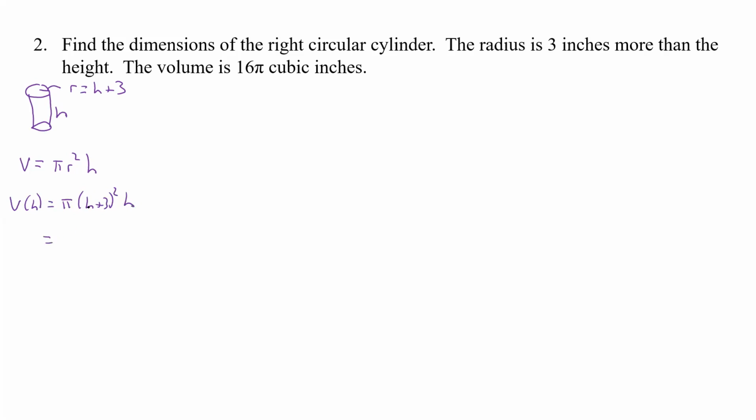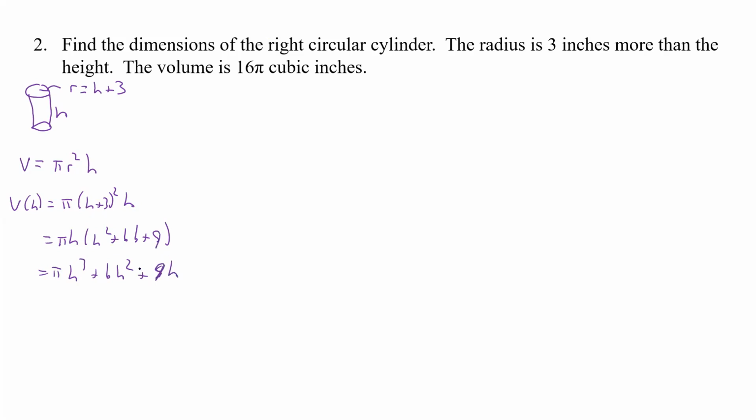Well, let's go ahead and do it. Pi h times h squared plus 6h plus 9. And if we multiply that out, that's going to be pi times h cubed plus 6h squared plus 9h. Sorry, can't read my own writing.